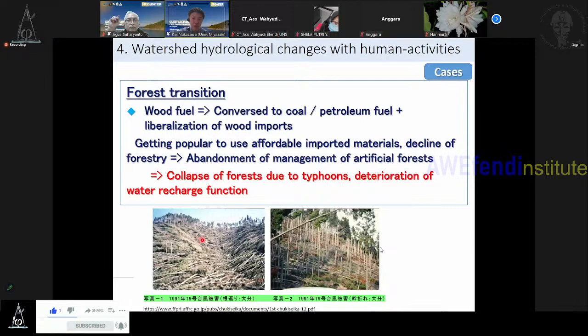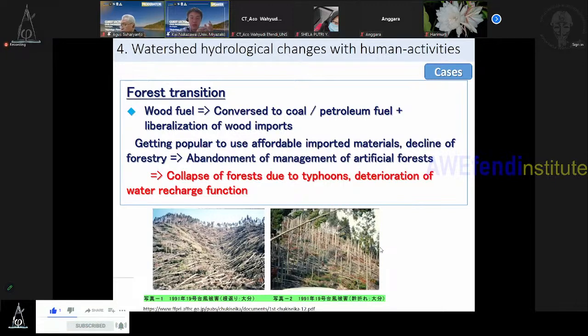The photographs at the bottom are collapsed artificial forests. An artificial forest is typically composed of dense trees. If the forestry manager doesn't cut some of the trees, the roots don't become strong because the sediment volume is limited, so roots cannot extend longer.